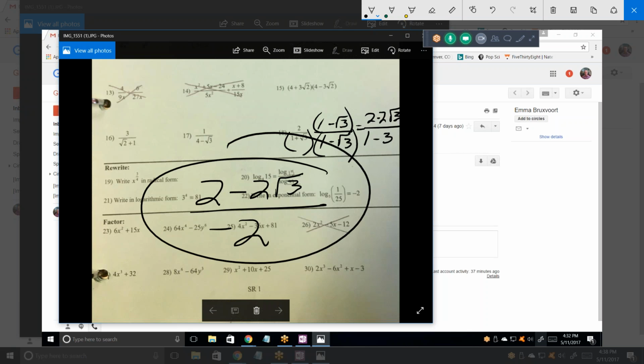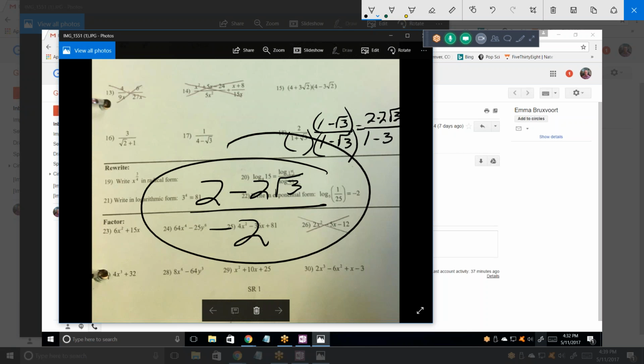Well, I know that's a term that I use a lot, canceling out, but really what I'm doing is dividing the top and the bottom by negative 2. Okay, and that's going to turn the bottom into just a 1, which means I'm not going to have a denominator.